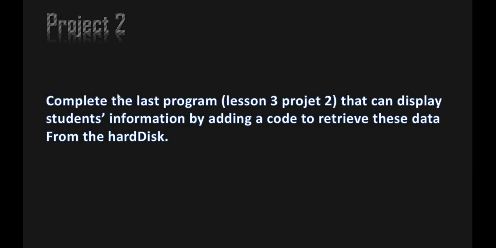So for the second project, you have to complete the last program as well. So lesson 3 project 2: they can display students' information by editing the code to retrieve this data from the hard disk, because in the last project we used the data directly because the 2 programs were in the same Python file.